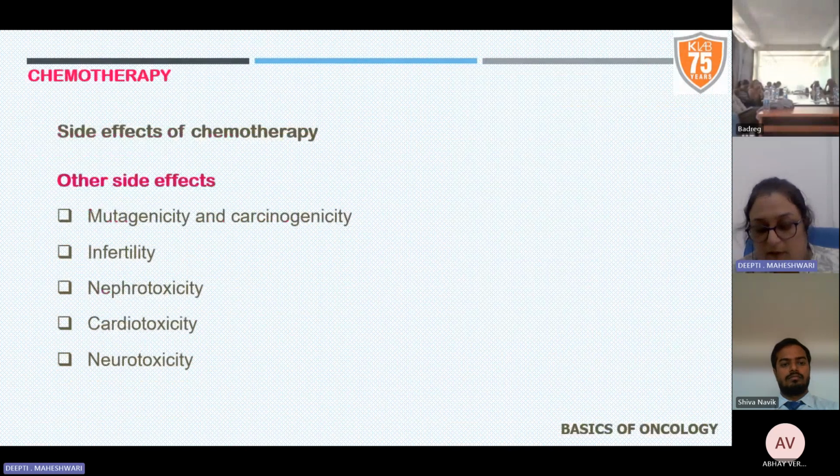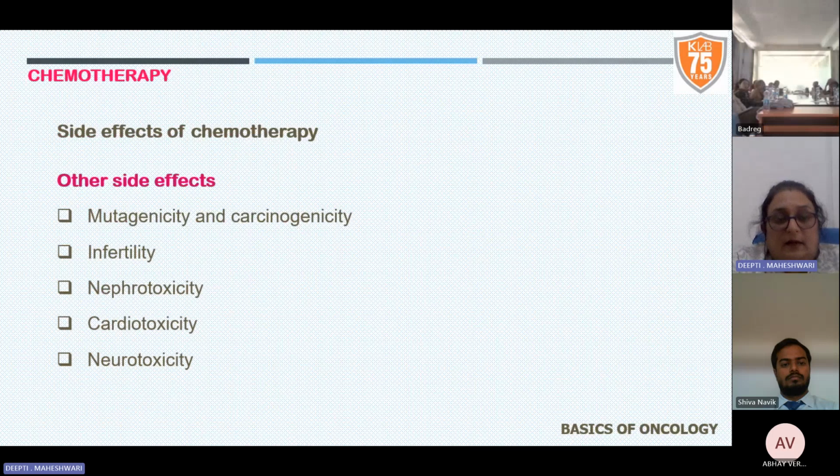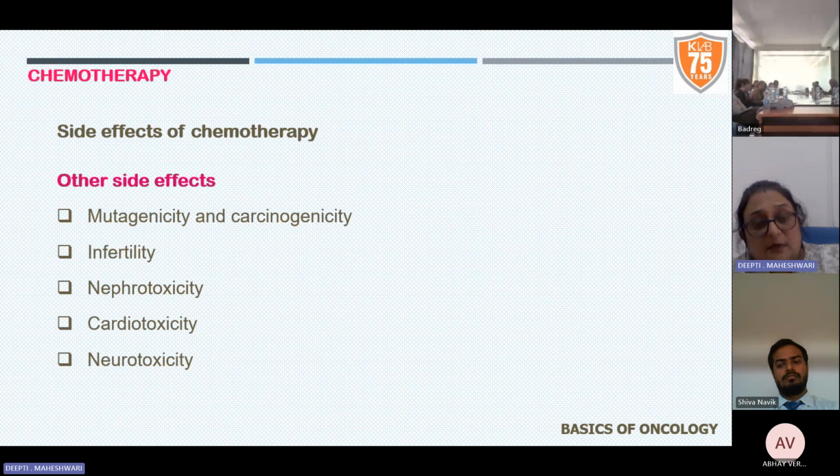There are other side effects associated with chemotherapy, like mutagenicity and carcinogenicity. Mutagenicity is basically that it induces genetic mutations in the DNA. Carcinogenicity is that these chemotherapeutic agents can themselves become carcinogens and cause different types of tumors.